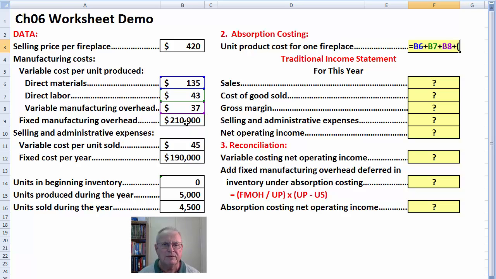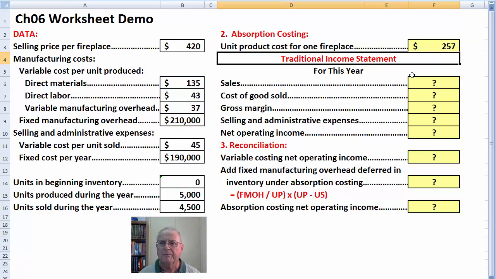And so that's this number divided by the units produced during the year, 5,000. And you notice I have that last thing in brackets, and I end up with $257.